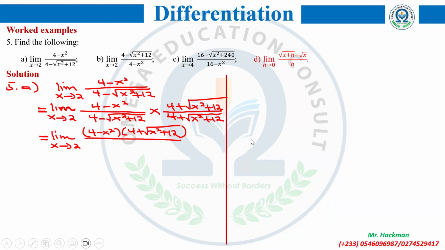So if you multiply, you get a difference of two squares. That will give me 4 squared, minus root of s squared plus 12, all squared. All correct, my professors? Or I should come again? Please come again.